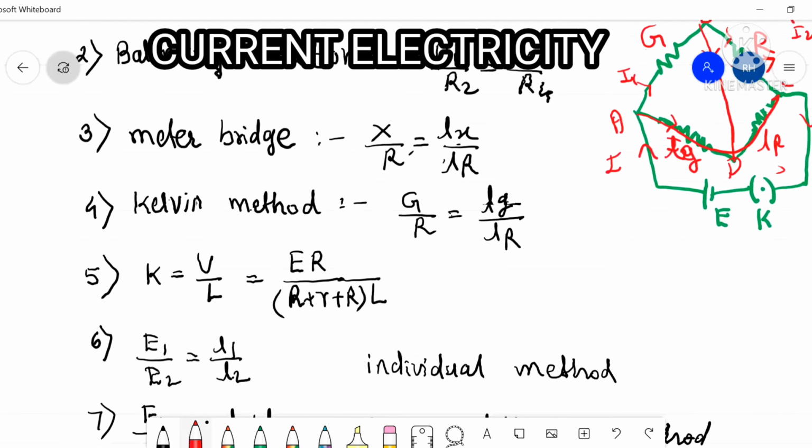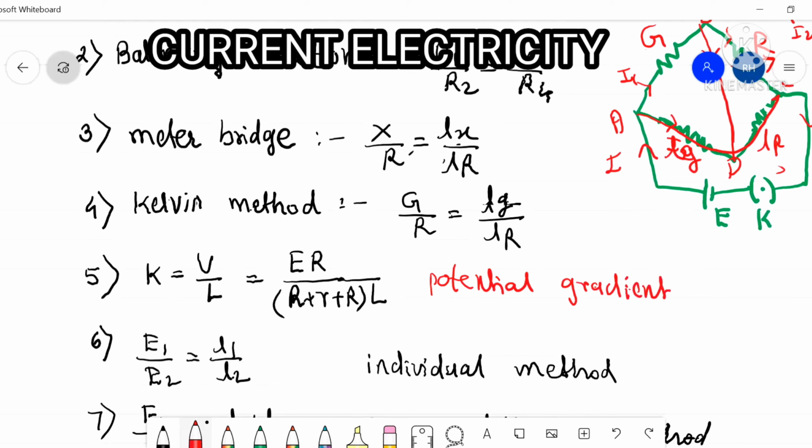Next one is the potential gradient. Voltage, or potential difference per unit length, is called the potential gradient. This is the formula for the potential gradient.